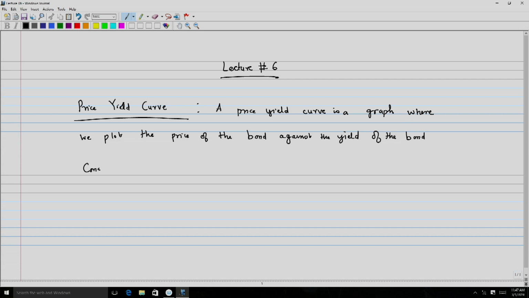So, consider prices as percentage of the par value with specified maturity.